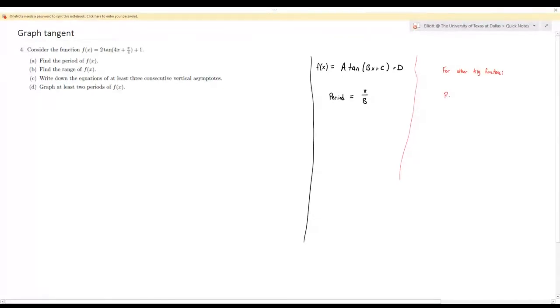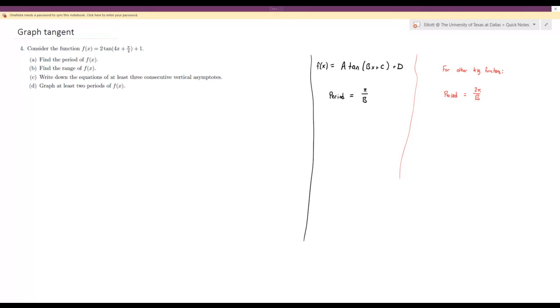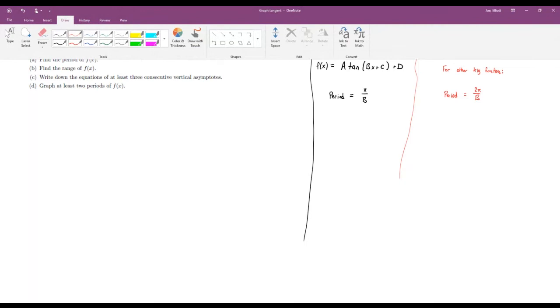Oh wait, that's supposed to be a tan of bx plus or minus c, not plus c, for the tangent function, right? I don't think it matters too much whether you do plus or minus, because here c could be positive or negative. Oh, okay, makes sense.